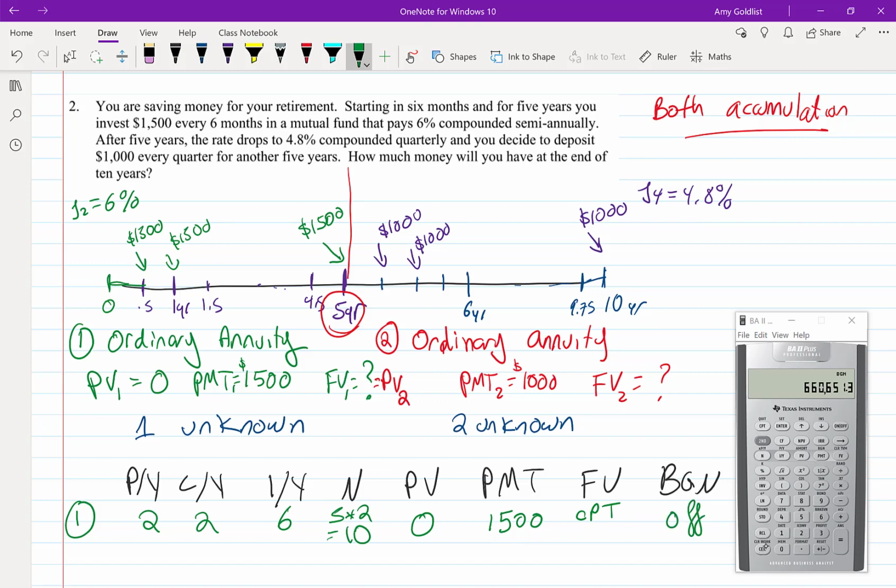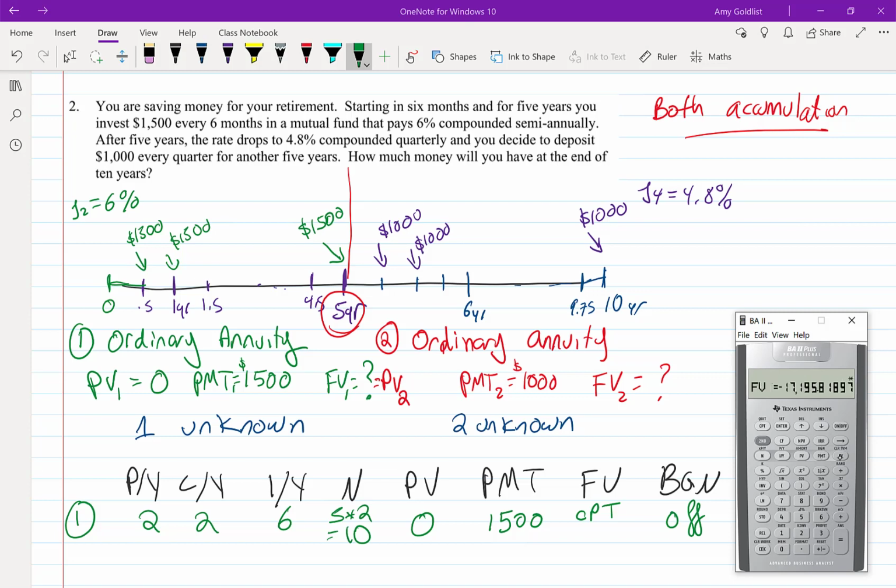So let's go through the calculator. I'm going to start by turning off the begin because this is an ordinary annuity. Now we're going to set PY. And you are welcome to fast forward if you're tired of watching me put stuff in a calculator. Fascinating. 0 present value, 1,500, that's positive because we're accumulating, and I'm going to compute our future value.